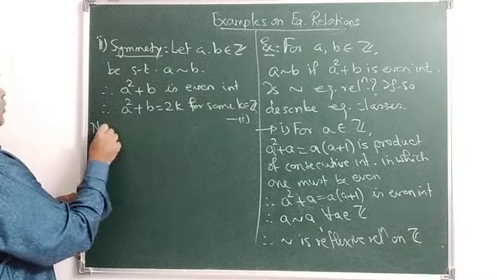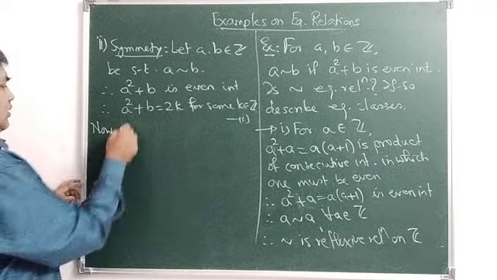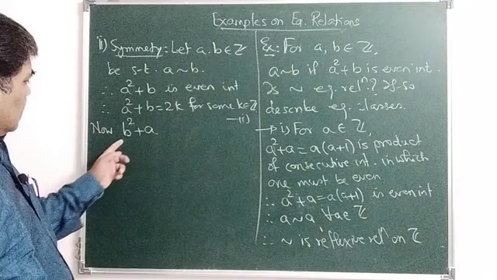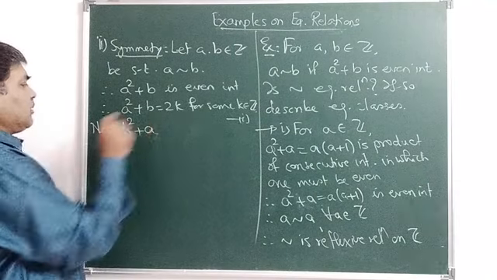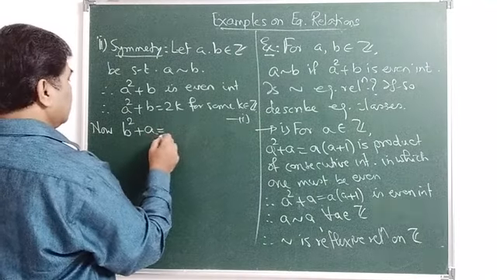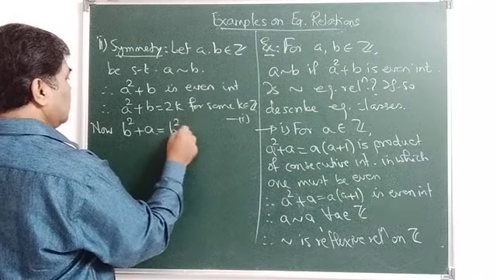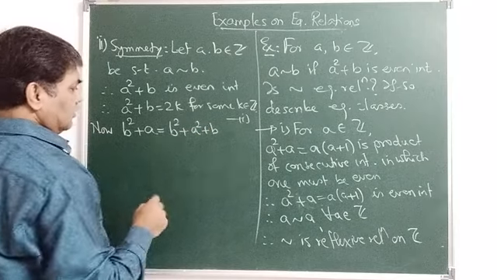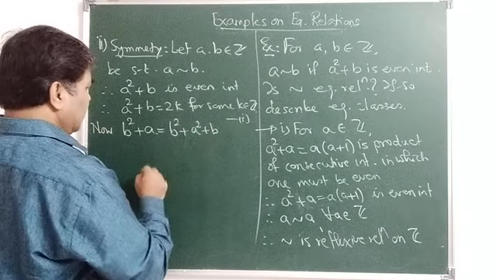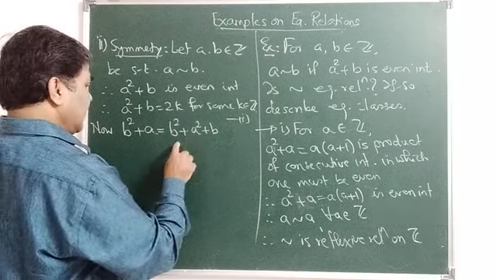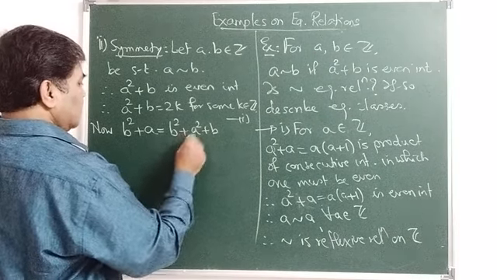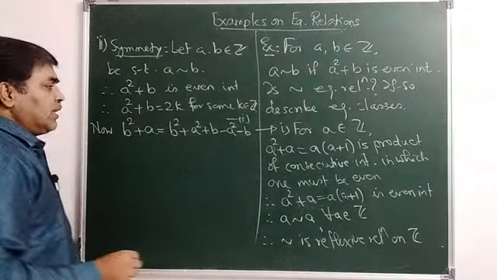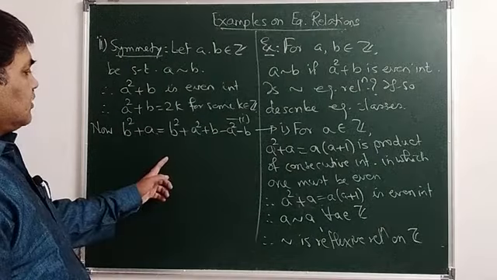Now, we have to check whether b square plus a is even or not. So, I can write b square plus a as b square plus a square plus b, and I don't want a square and b here, so I will write it in terms of minus a square minus b.